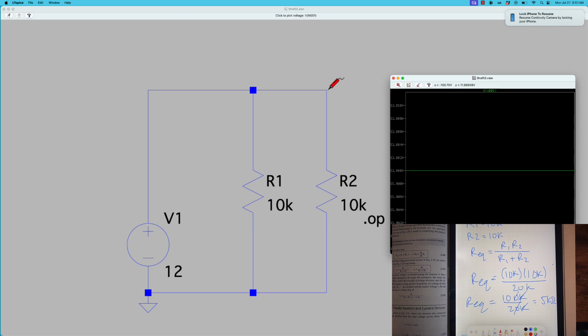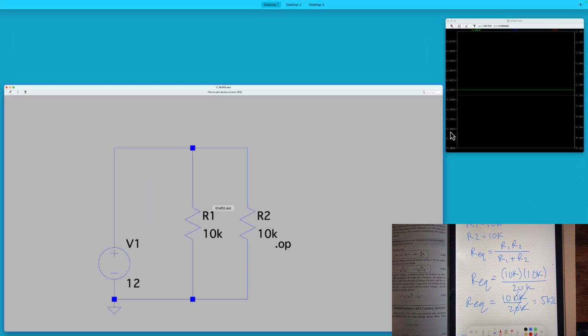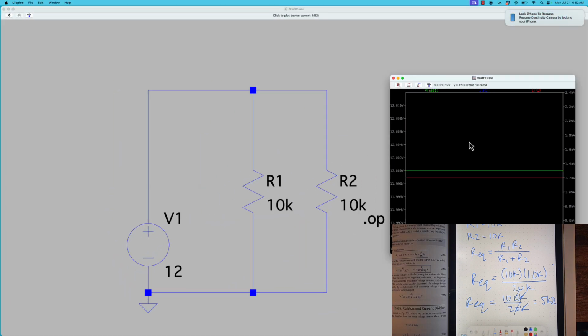And guess what the voltage across this resistor is, if it's in parallel? It's the same node, so it is also 12 volts. We can measure the current running through these. 12 divided by 10 is 1.2, so it should be 1.2 milliamps. And then we have over here 1.2 milliamps on the right side.